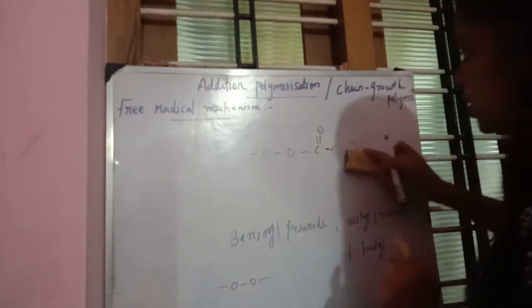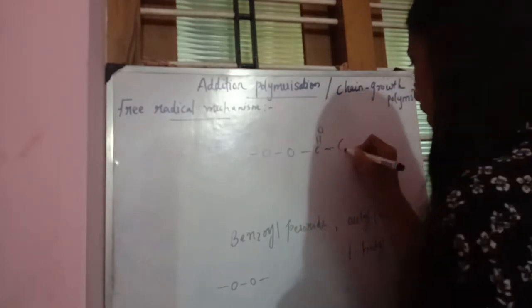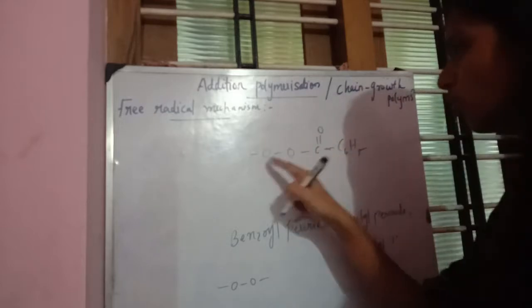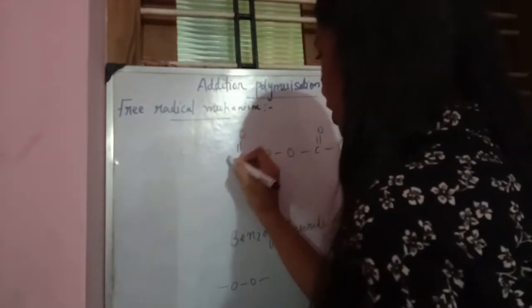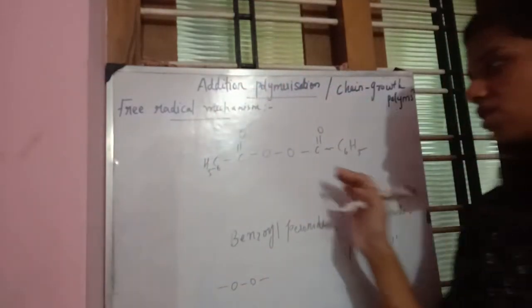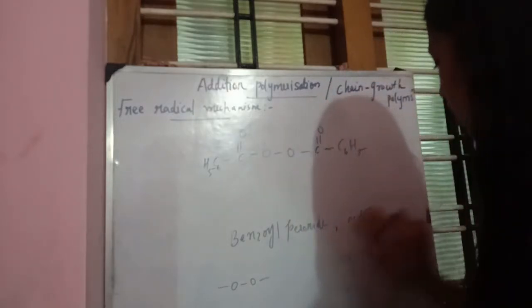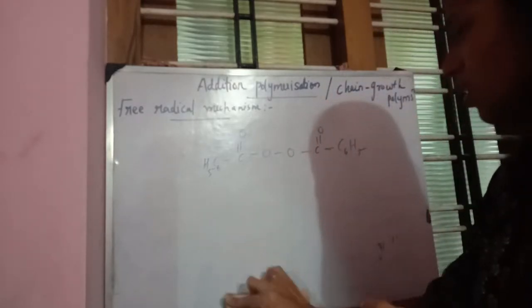This is C6H5, so I can write it like that, or I can write C6H5COO and C double bond O, here also like that, C double bond O, C6H5. This is the benzoyl peroxide catalyst which we are using.